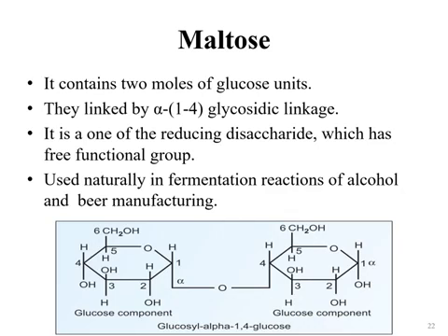They are linked by the alpha 1,4 glycosidic linkage, which means they are formed by the combination of 2 alpha glucoses, in which carbon number 1 of one sugar participates in the glycosidic linkage, while the 4th carbon of the other gets combined.